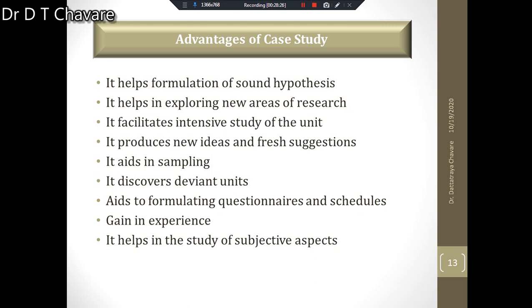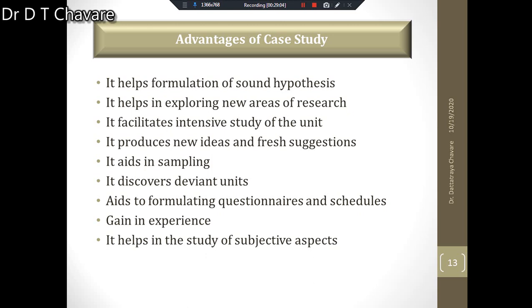Next advantage we can explain here, aid to forming questionnaires and schedules. The major obstacle in the way of framing a good questionnaire is the selection of queries which will yield the desired response. The case studies are of immense value in this regard. They provide insights into the behavior of the social unit under study and guide in framing appropriate questionnaires while investigating the problems related to such similar social units.